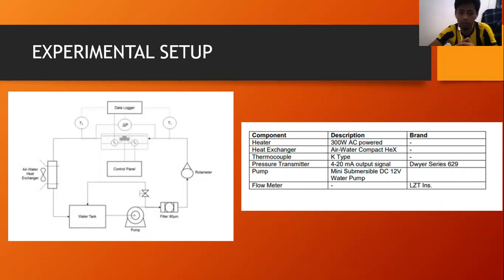Next, I want to explain the experimental setup for our project. As you can see, this is the schematic diagram of the experimental setup. The components that we use to set up the experiment are firstly the heater, with 300 watt AC power, and secondly the heat exchanger.